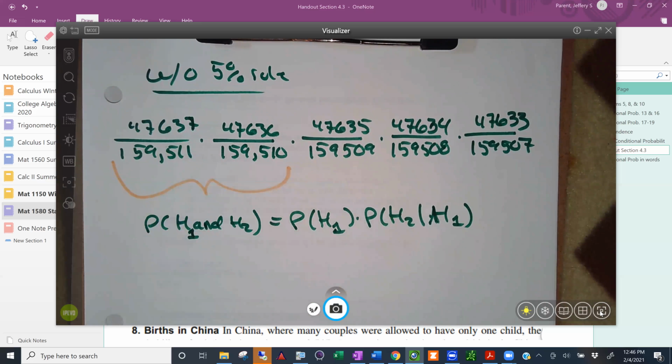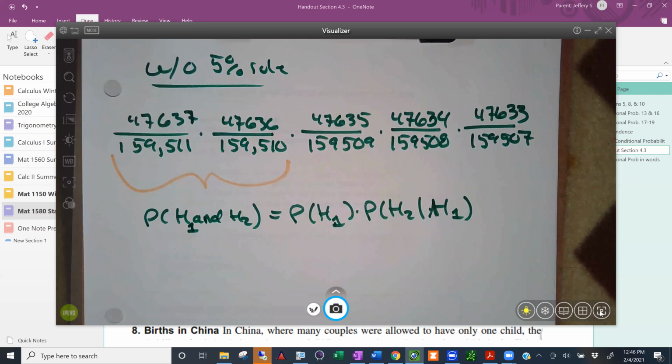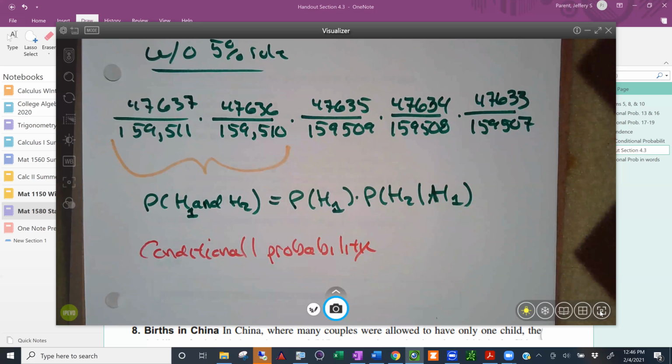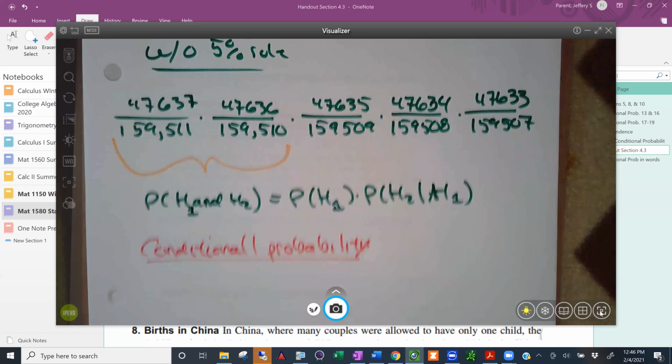So this formula is for conditional probability.